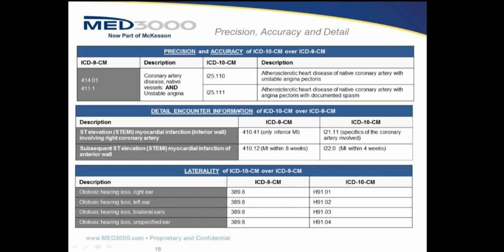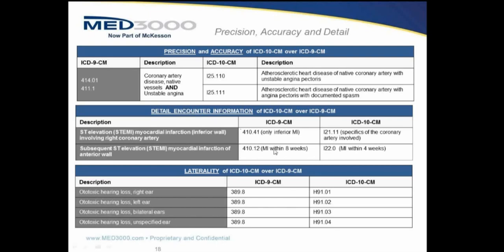If we look at detailed encounter information of ICD-10 over ICD-9, you can see here talking about the description, and we've got the myocardial infarction, and we can see that we've got ST elevation, because it's a subsequent. We've got our codes here. So this is like if we've had the heart attack within the 8 weeks.